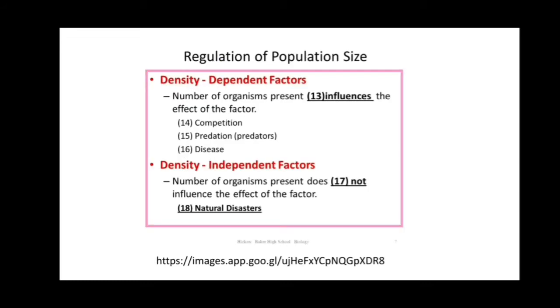Now, regarding the regulation of population size, there are different types of density dependent factors, like competition. As we already studied, competition can be between individuals of the same species, intraspecific, or between different species, interspecific. Competition is for resources.